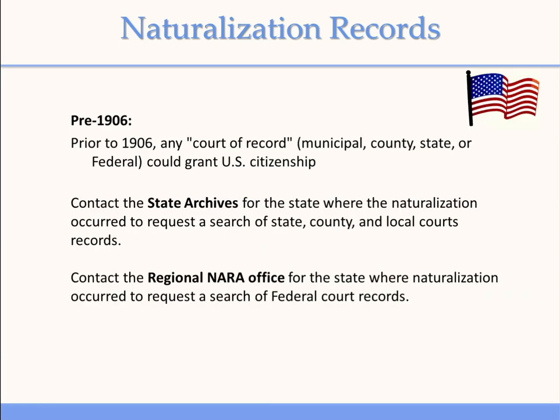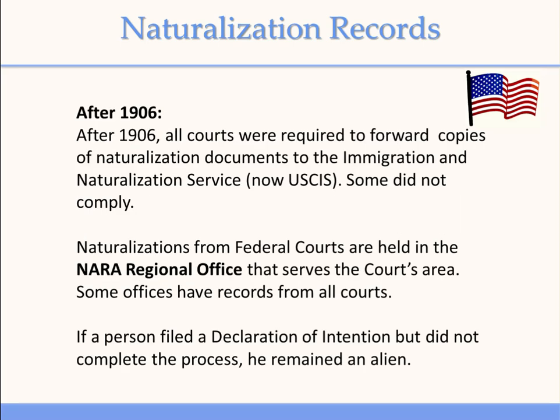Before 1906, your ancestor went to any court of record which could grant U.S. citizenship, and consequently, the state archives or the regional National Archives office for that state would have those records. After 1906, your ancestor still could go to any court.